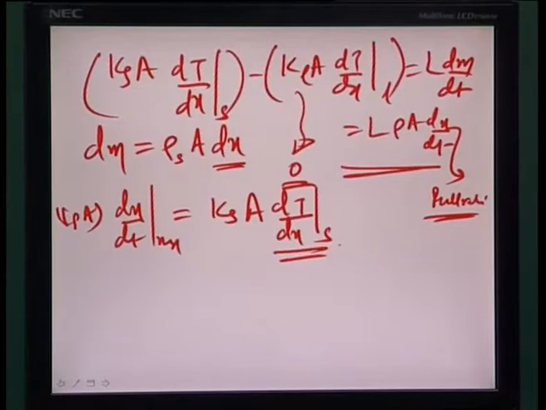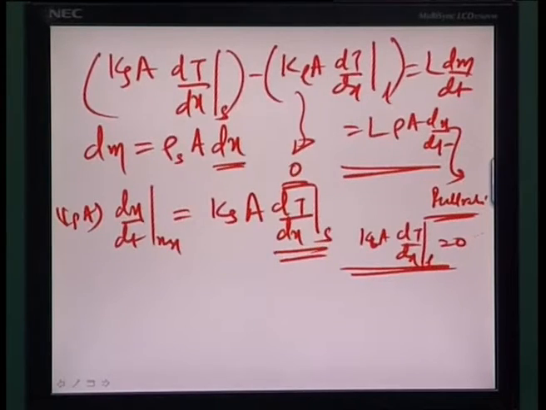This corresponds to Kl dT by dx of the liquid phase being equal to 0. What it means is that we assume only a one directional heat flux problem, where heat flows only in one direction from the liquid directly into the zone of fusion. There is no heat loss to the surroundings.